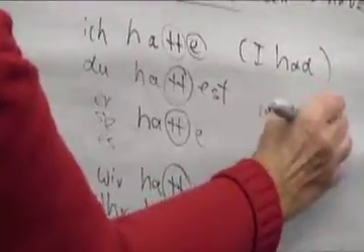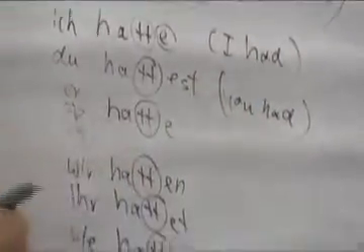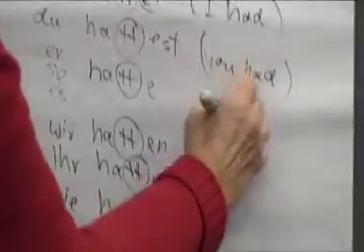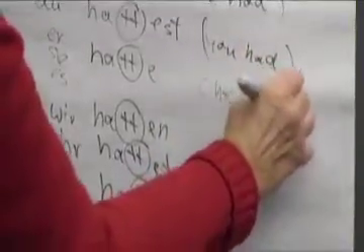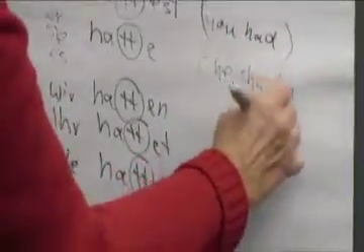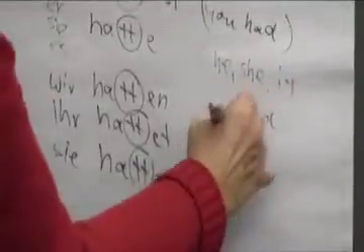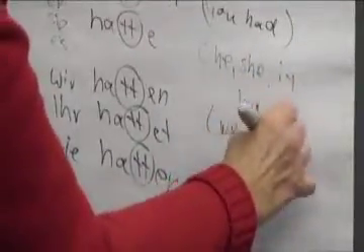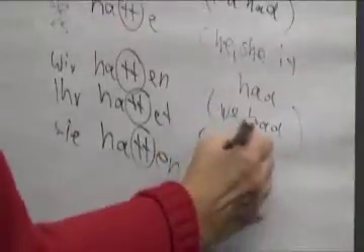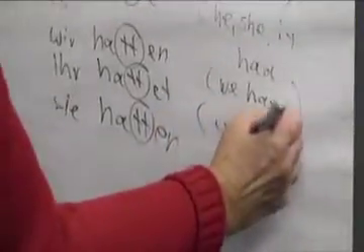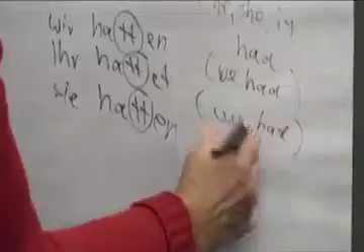Du hattest, you had. Er, sie, es hatte, he, she, it had, right? He, she, it had. Then we had, you all had, and they had.